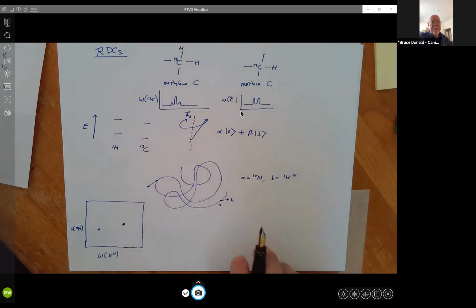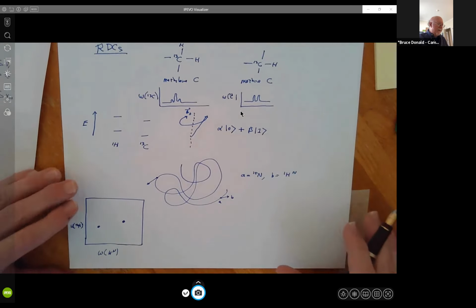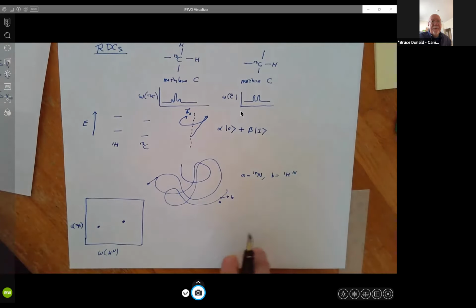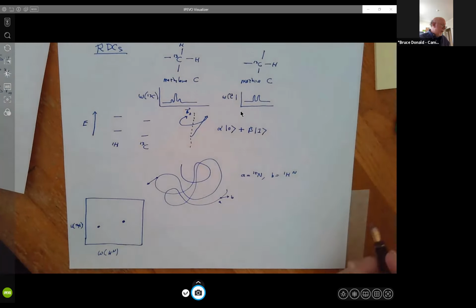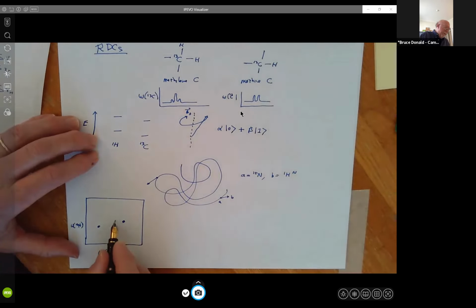So the question here I'd like to motivate is why do we just see one peak? Why aren't these split? And indeed, they would be split if you use the same kind of experiments that are used in organic chemistry. In fact, what you would see for each of these peaks, let's zero in on this thing here.